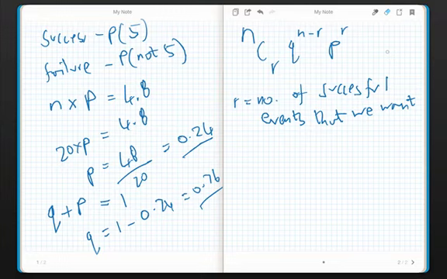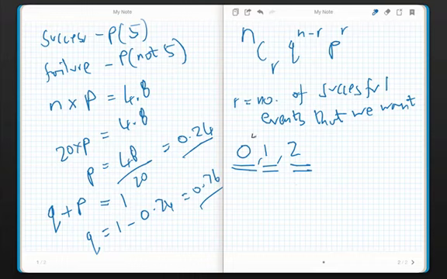So in this case, when they say find the probability of the number of fives being less than 3, the number of fives could be either 0, 1 or 2. We need to find the probability first that there are 0 fives in the 20 trials. Then the probability that there's only 1 five. Then the probability when there are 2 fives in the 20 rolls or trials.